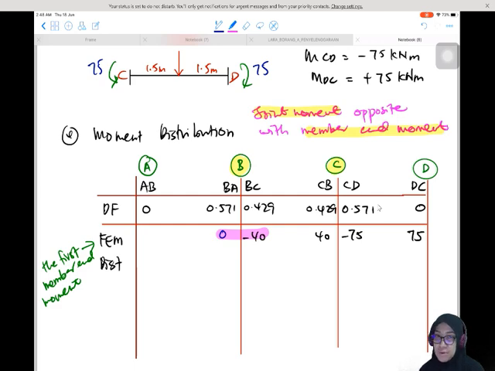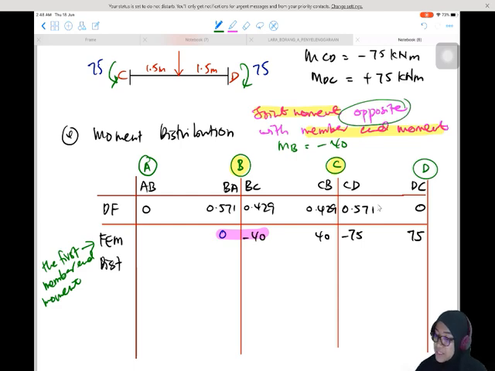Okay, it is 0 plus negative 40. The value is negative 40. Here, the total moment at B is negative 40. Is it negative? It is negative. For the joint moment, we have to reverse the sign for this condition.